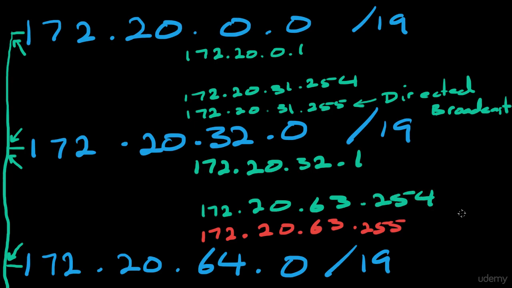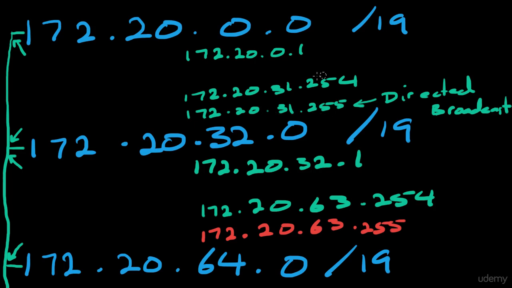So to work out the range of values for each network, I'm just using the next network ID as my boundary. For the 20.0 network, the first IP is 20.0.1. The next network ID is 20.32.0, so the last IP, the directed broadcast IP, is 31.255.